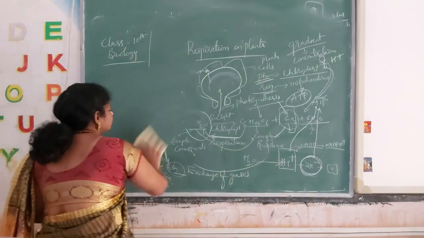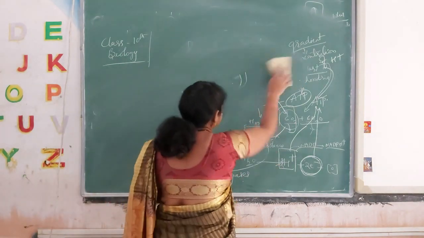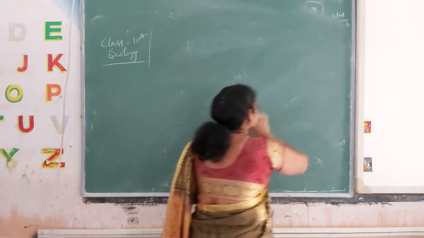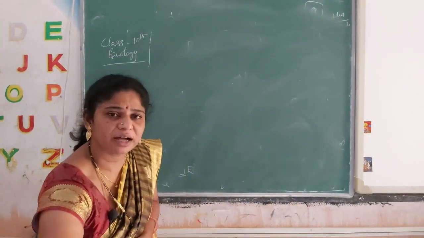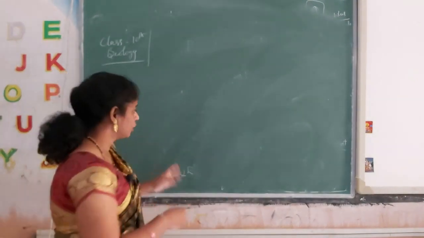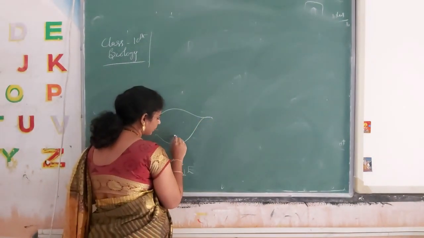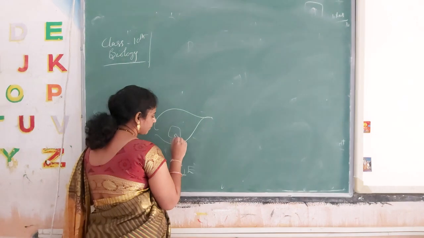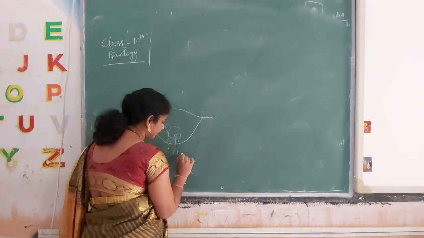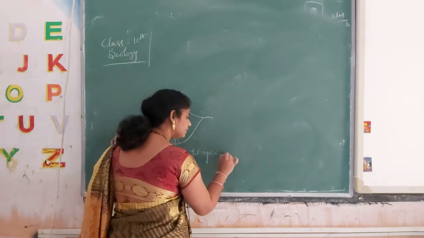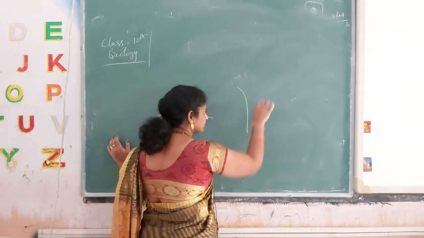Aeration of roots: I have drawn just now the stomatal opening in the leaf. In photosynthesis, the stomatal opening is present in the leaf like this, and the gas exchange happens here. What is happening in stems? This is the stem.